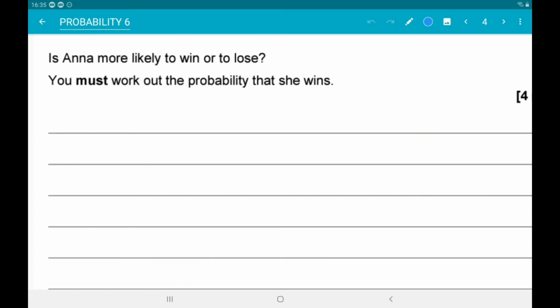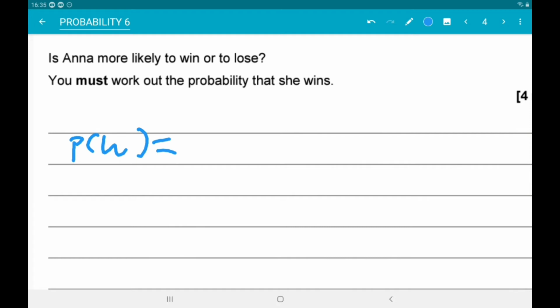At B, is Anna more likely to win or lose? You must work out the probability she wins. Alright, so the probability she wins. Let's have a look.